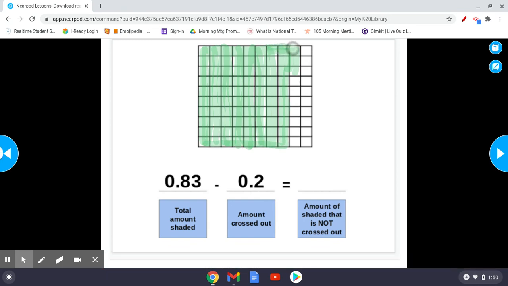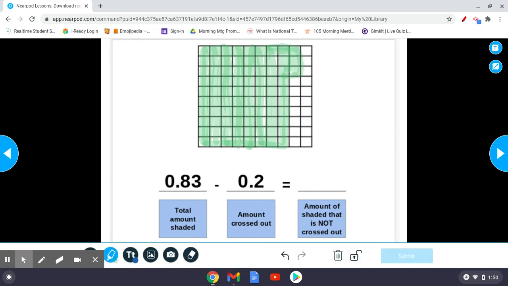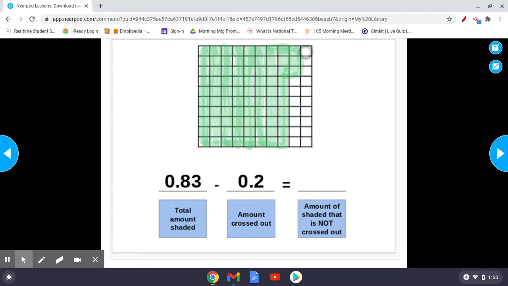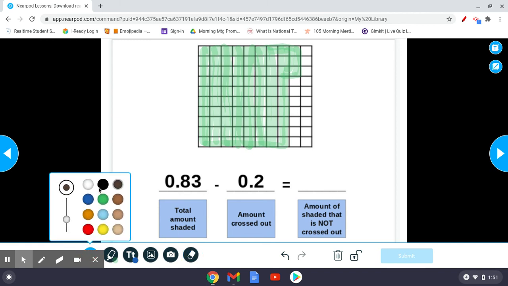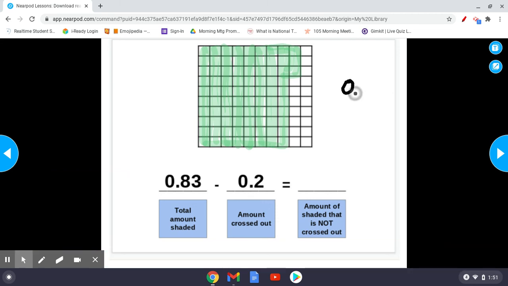All right. So again, you can see to the best of my ability, I have shaded in 83 hundredths. So now I need to go ahead and cross out 2 tenths. This is very important. 2 tenths. 2 tenths is equal to 20 hundredths.